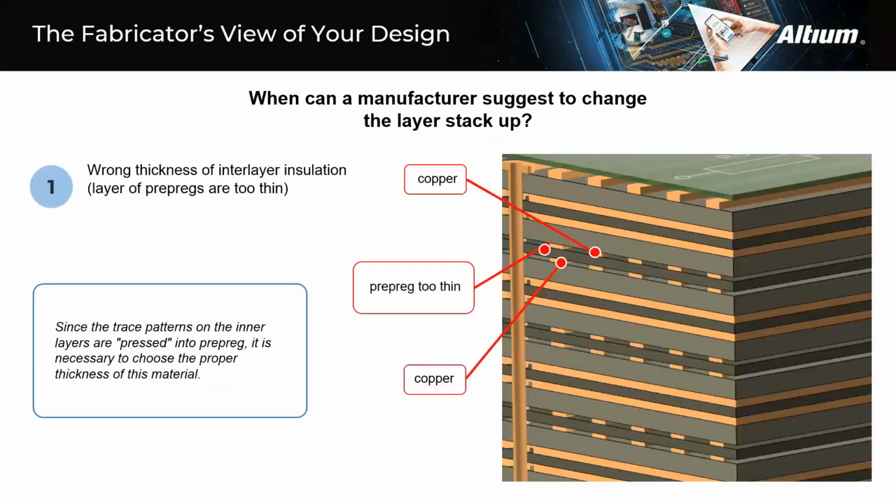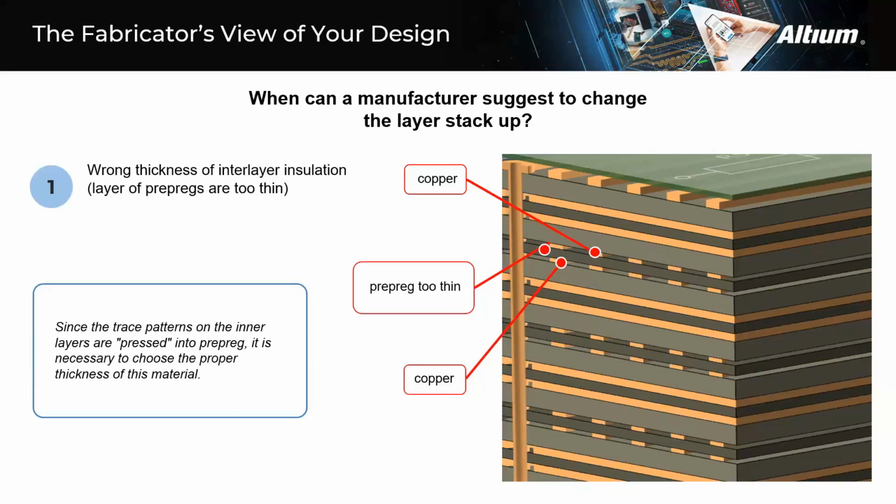The fabricator may suggest a change to the layer stack in cases where the dielectric layers have been incorrectly selected. In attempting to reduce the overall thickness of the board to achieve performance objectives, the designer may specify prepreg layers that are too thin. Often designers forget that the copper layers themselves have thickness, and that this thickness must go somewhere when pressing.